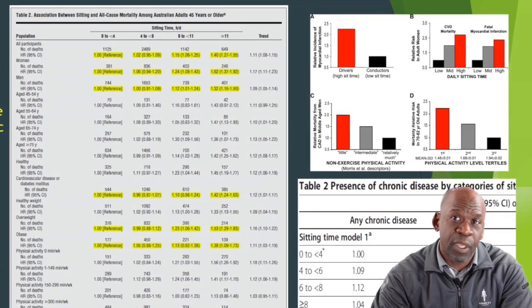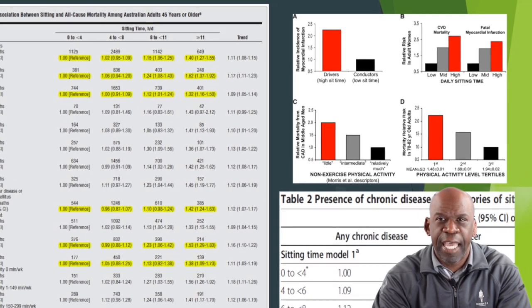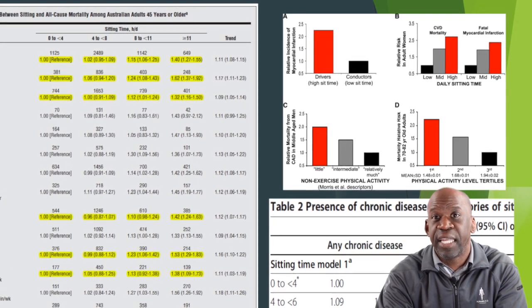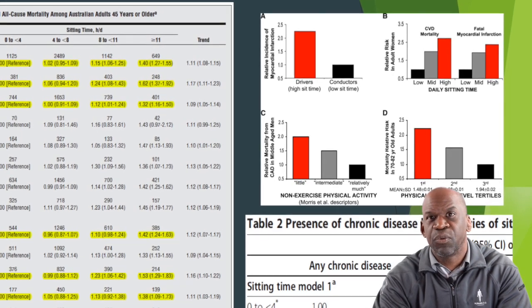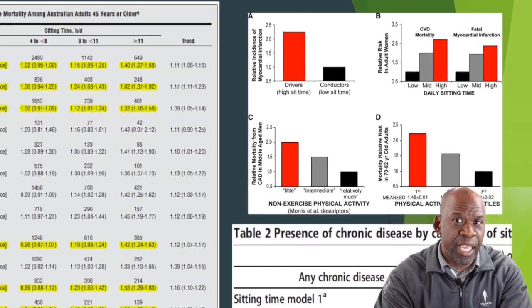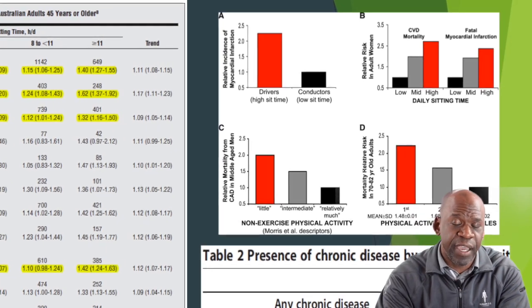In other words, the drivers who sat for the duration of their work shift had a higher incidence of disease than did the ticket takers, even when this population was matched for all other things, including age, race, sex, and a host of other factors.